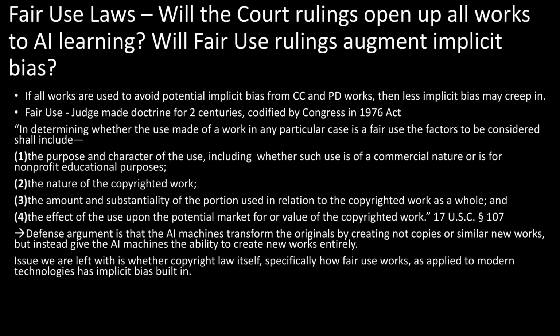Those 4 factors require courts to look at the purpose and character of the use, including whether the use is of a commercial nature or is for nonprofit educational purposes. The second factor is the nature of the work itself, and the third is the amount and substantiality of the portion used in relation to the copyrighted work as a whole. And the fourth is the effect upon the market or value of the copyrighted work.